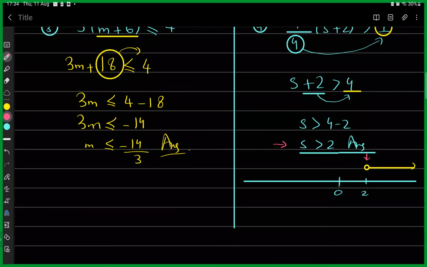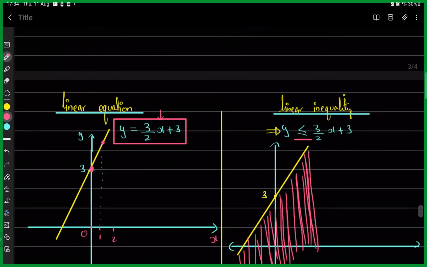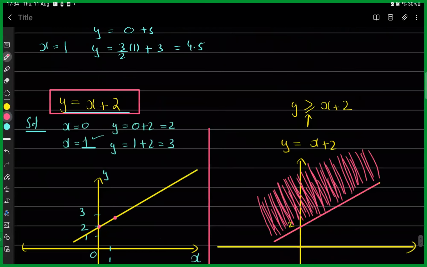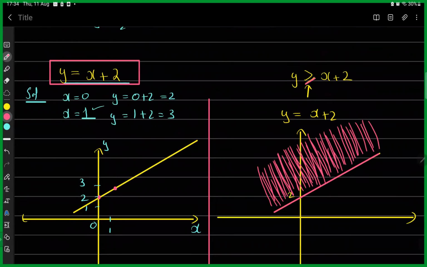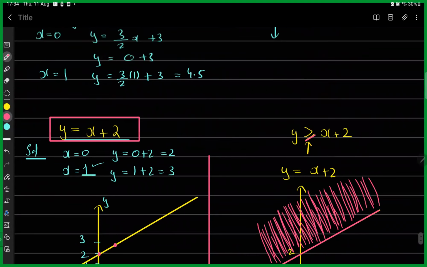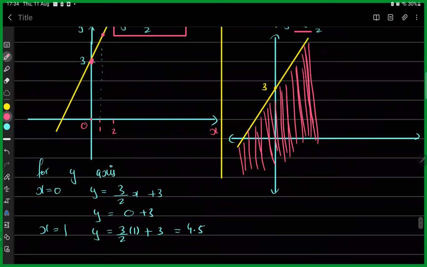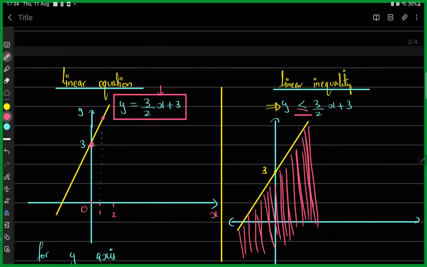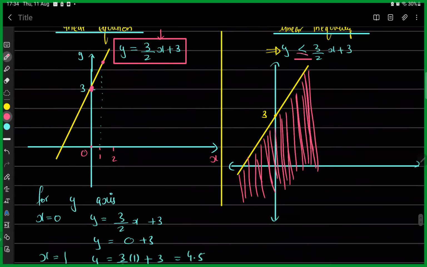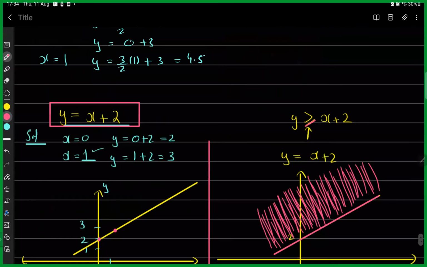Similarly, in both these scenarios, we made a solid line because we had greater than or equal to, and for the previous question we had less than or equal to. That is why I was making a solid line. You'll understand the idea once we're done with the third example.